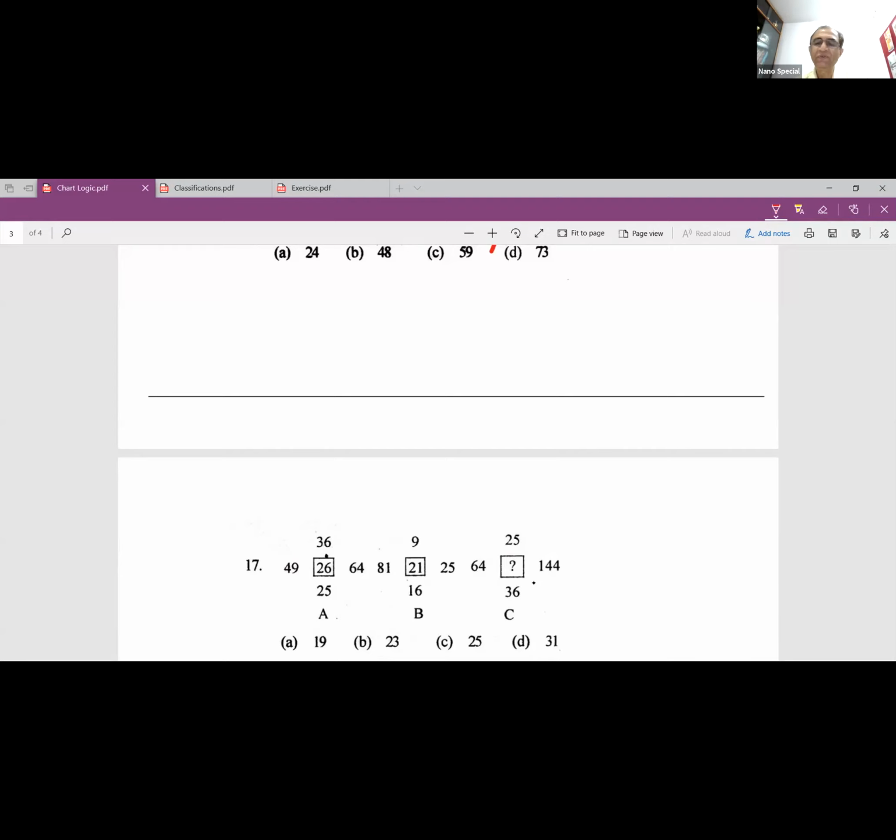If you see all the numbers on the outside are all squares. Yes, Madhumita, good, you got the answer. So they're all perfect squares. So that should give you a hint and an answer.